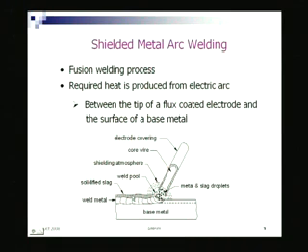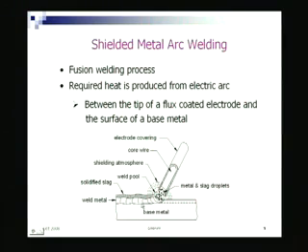When I am welding, as I progress, I find there is a layer of slag remaining over the weld bead. What is that weld bead? That is nothing but the solidified metal, where the metal deposition has taken place.